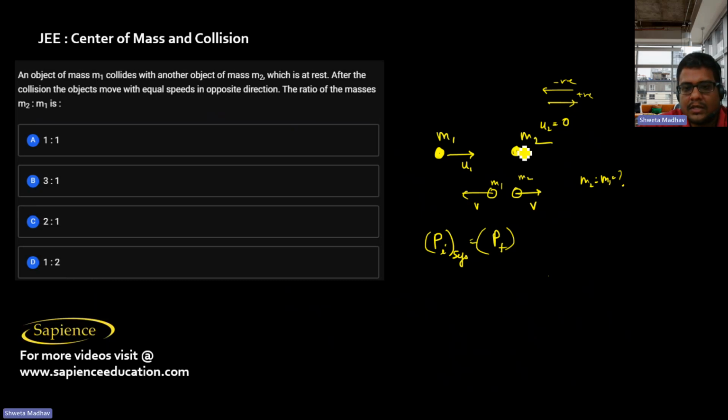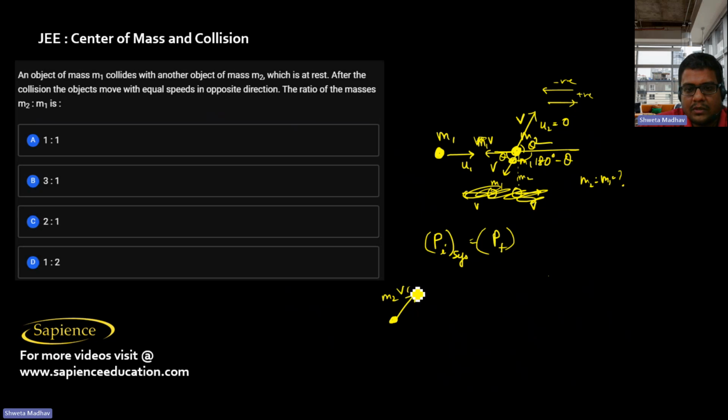So let's say m2 moves at an angle theta, then m1 will move at an angle 180 minus theta, with equal and opposite velocity v. So this is happening after the collision.